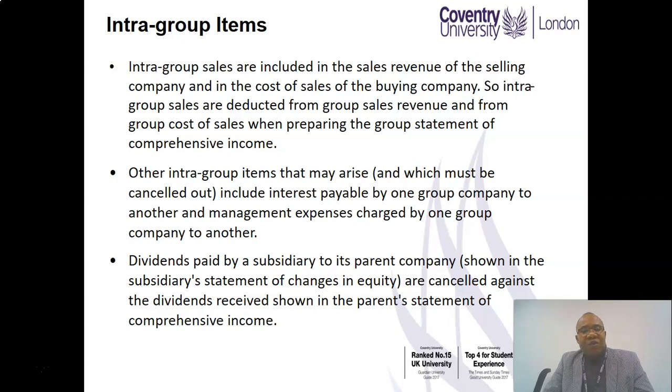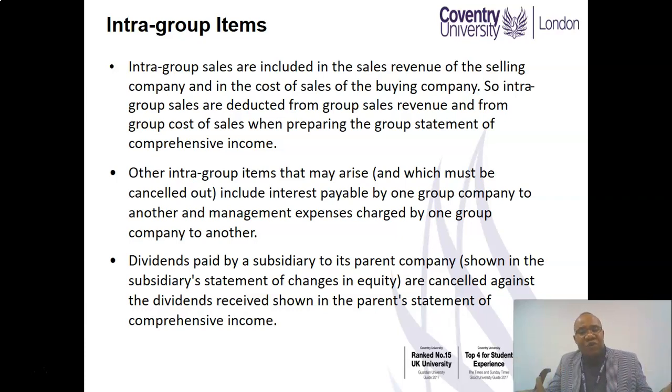Intra-group items could arise in so many ways. One way would be where a group member sells some items to another group member. The company that has made the sale will have recognized that sale as revenue. The company that purchased the item will also recognize the same amount as cost of sales.